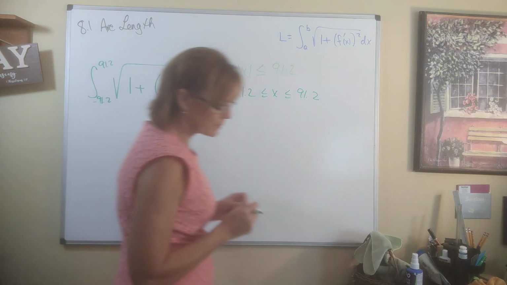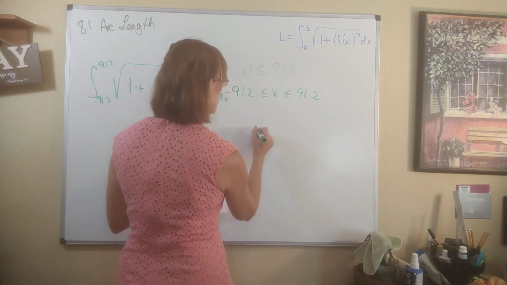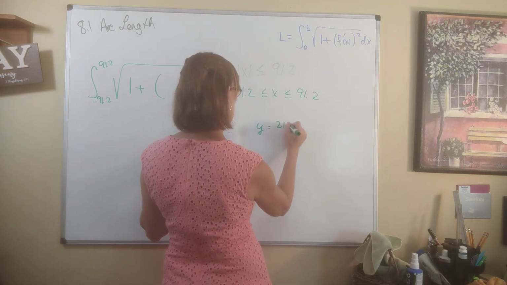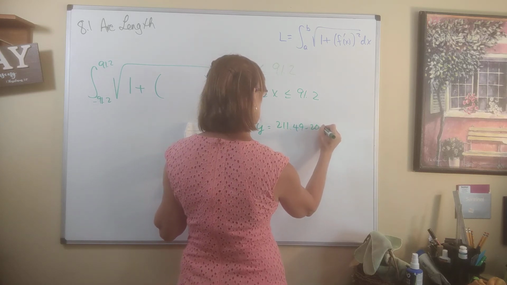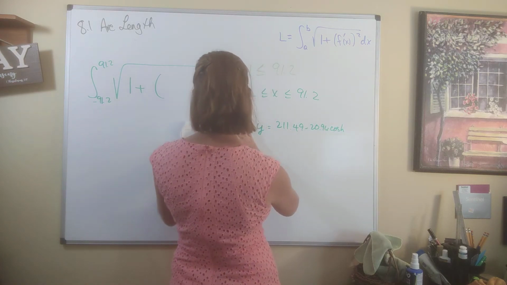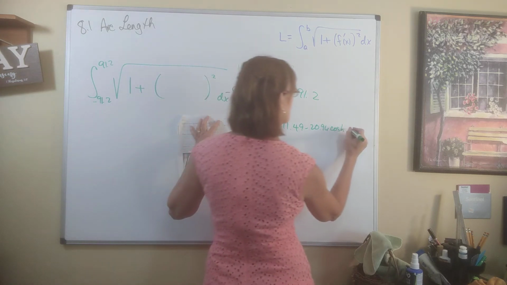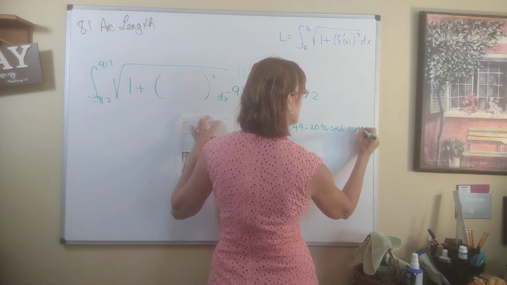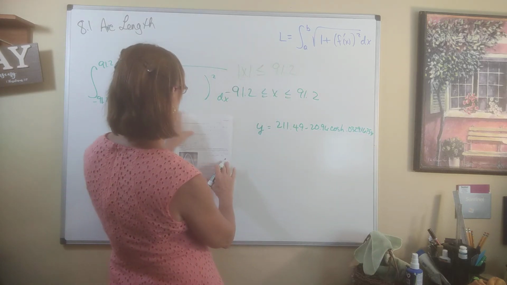Okay, here we go. What they gave us was that y is equal to 211.49 minus 20.96 hyperbolic cosine of 0.03291675x.